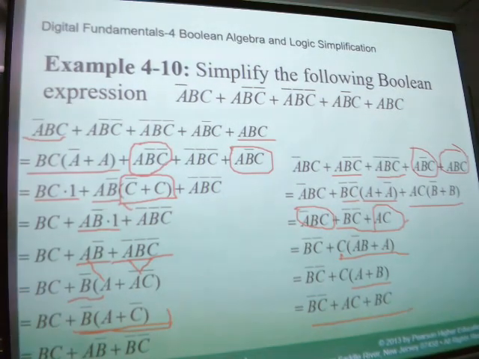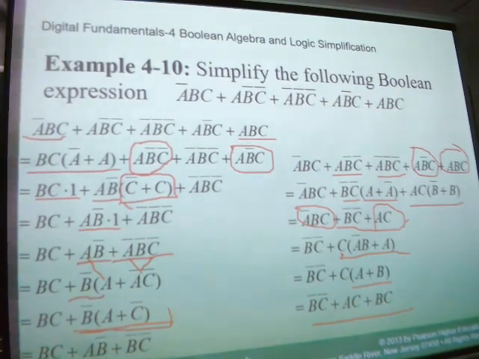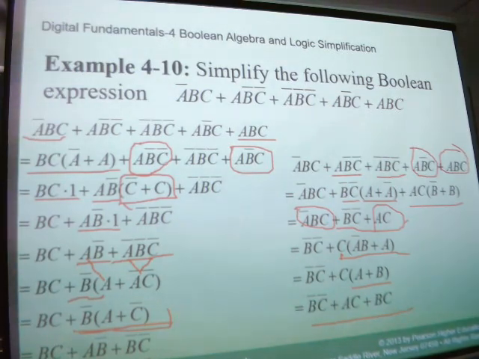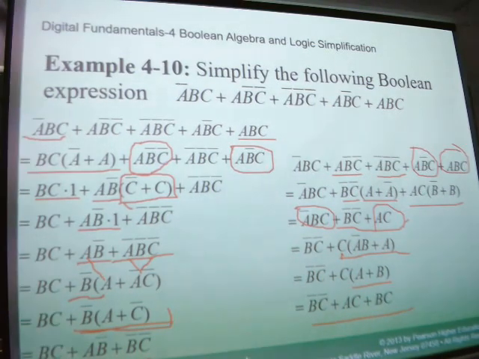So they are equivalent, and they are both the simplest form.